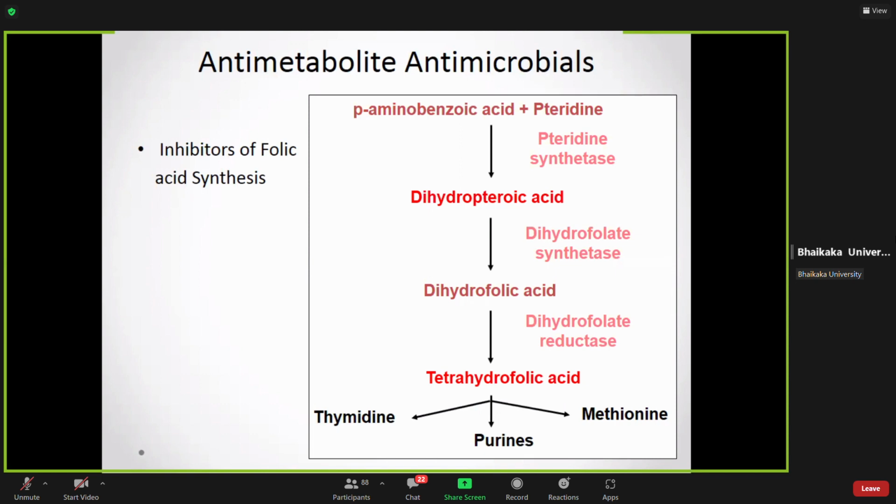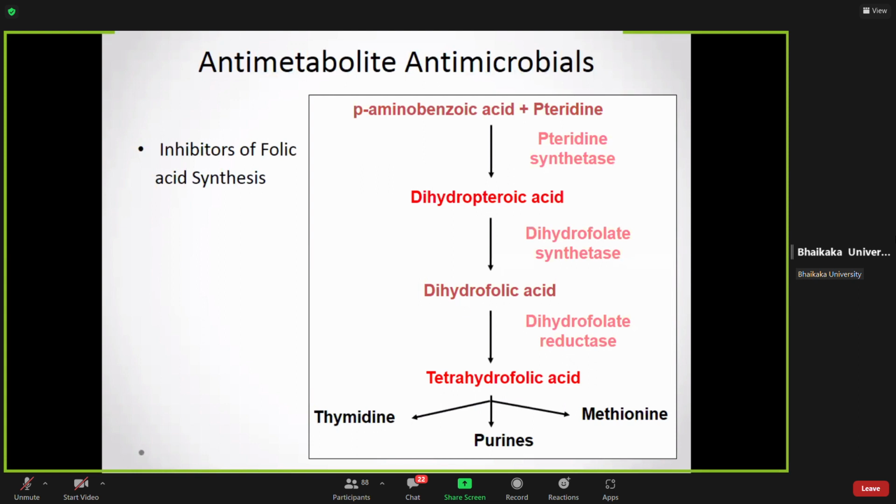Okay. Then further, dihydrofolate synthase will synthesize the dihydrofolic acid, and later on dihydrofolate reductase will ultimately give the tetrahydrofolate, which will be the precursor or the raw material for thymidine, purine, and methionine synthesis.